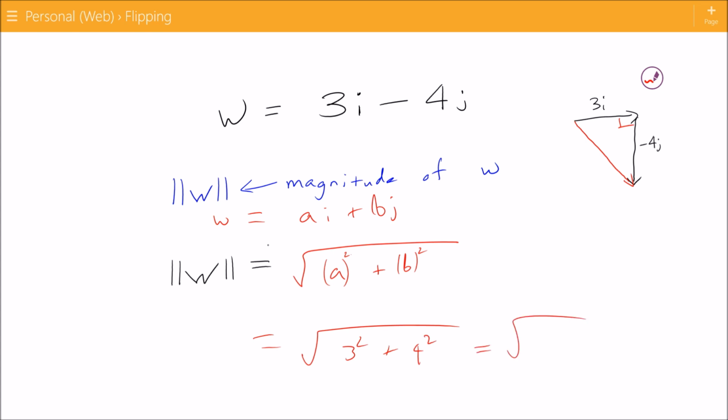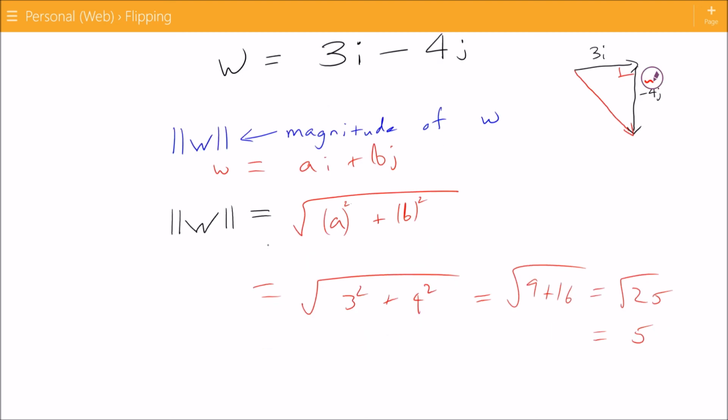Same thing as 9 plus 16 equals the square root of 25, which equals 5. So the magnitude of w is equal to 5. That's that missing hypotenuse there. It worked out very nicely. We didn't have any square roots or anything, but we could. That's fair game.